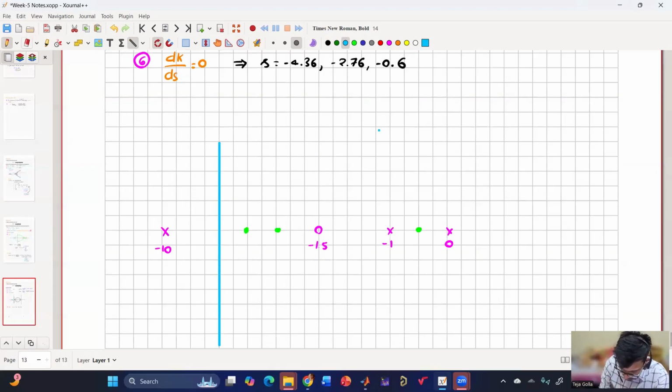So now what I initially figured out is that root locus exists in this path as well as in this path, which means all the three solutions of the dK by ds have some reason why they are there.